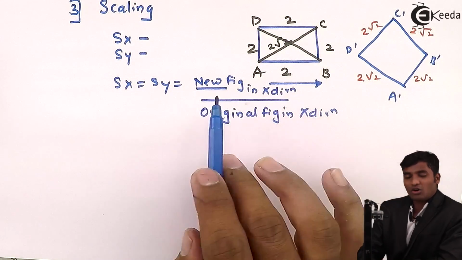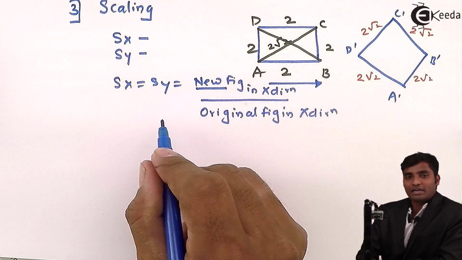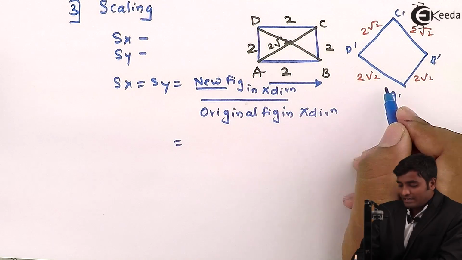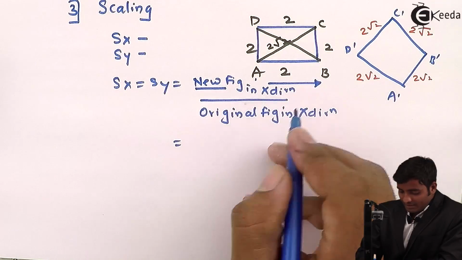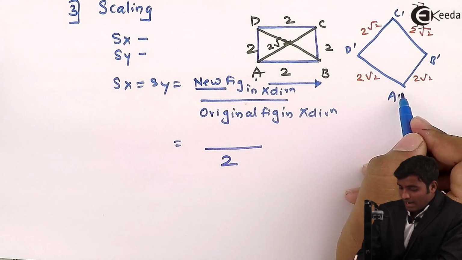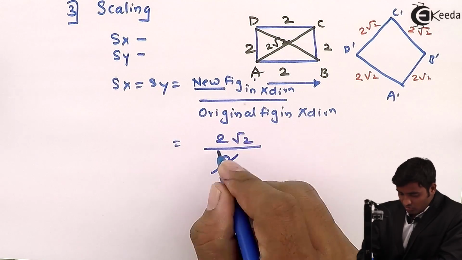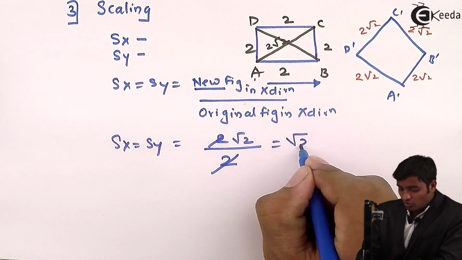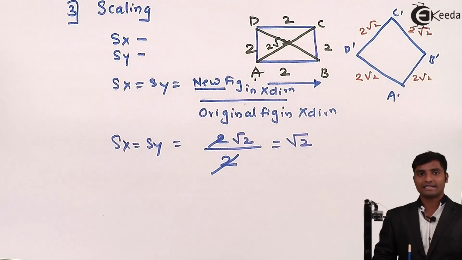Similarly, since it is a square, Sx and Sy will be the same, so we can write it for Sy also. Initially AB is 2, and here A dash B dash is 2 root 2. So Sx and Sy come out to be root 2. So we calculated the Sx and Sy.